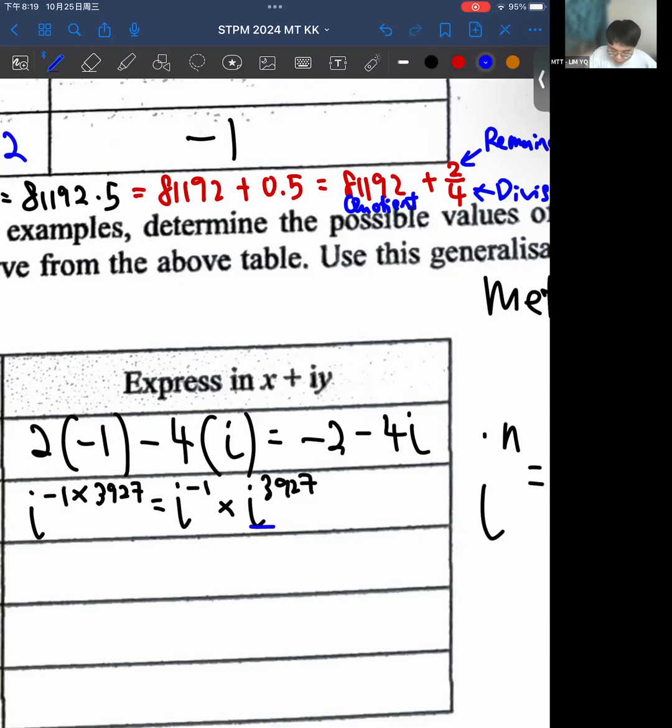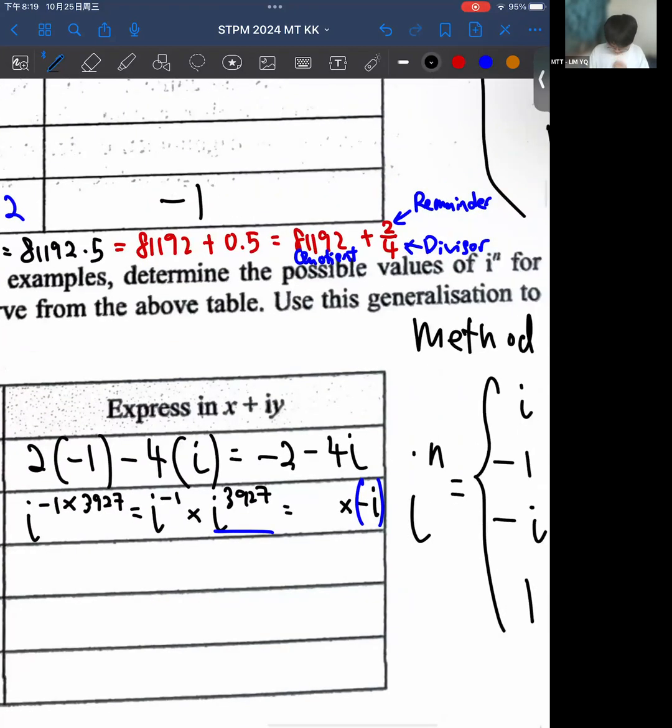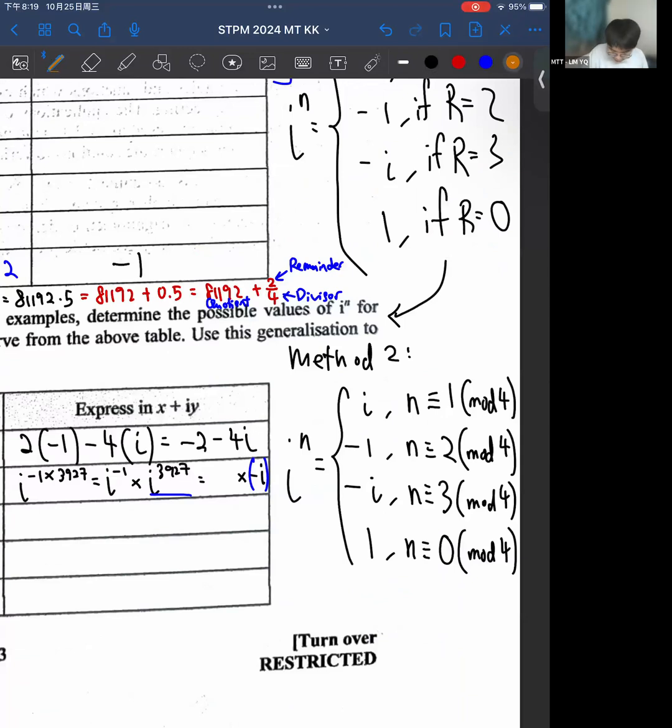The second one is very easy because you already know 3927 divided by 4, you get remainder 3. So it becomes -i for this one, so I use a blue color to circle. Multiply by i power -1. What is it? I will write here.